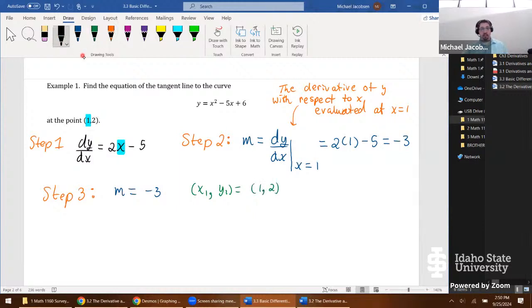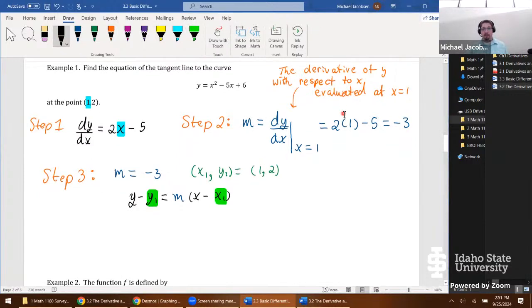And then, just like we did earlier in the notes, pick your favorite equation to build your line. I'll use the point slope form, which goes y minus y1 equals the slope m, multiplying x minus x1. So the y1 is provided as the 2. x1 is provided as 1, the original point they gave us.